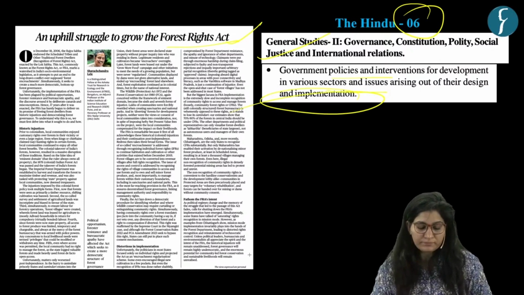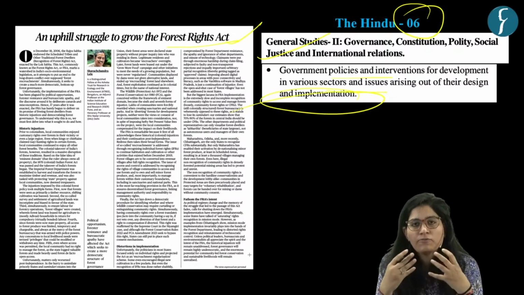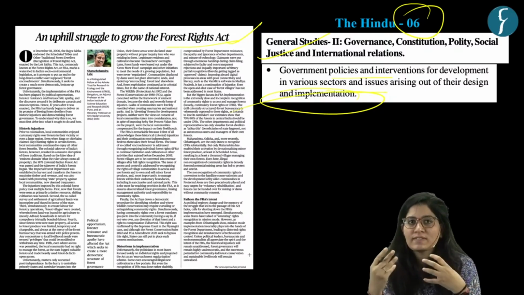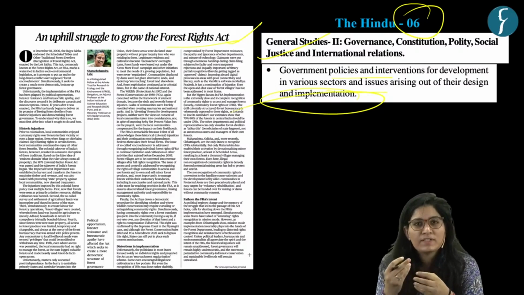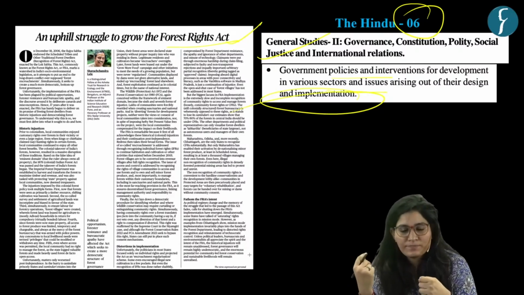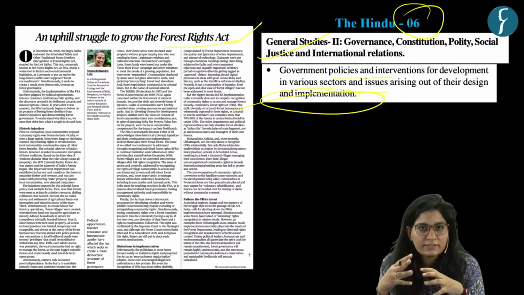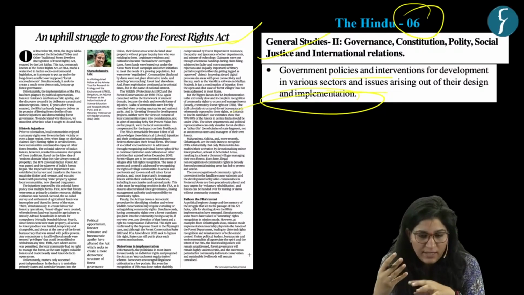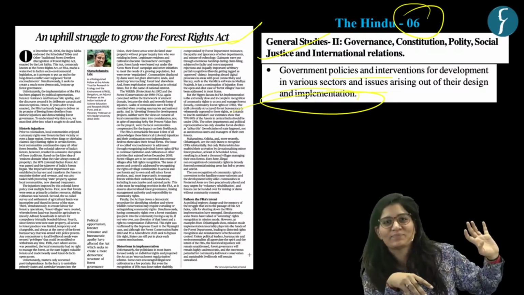So before moving to the objective of Forest Right Act 2006, first let's have a few words about its historical background. See, tribals and other traditional communities or forest dwellers were residing in forests since eternity.